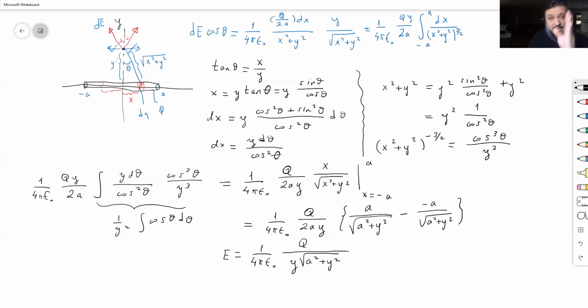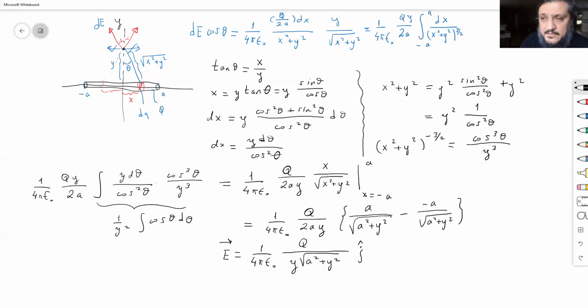And it will be pointing in the positive y direction. So if you want to write it as a vector, put an arrow on top of E, and then include a unit vector along the y direction, j hat.